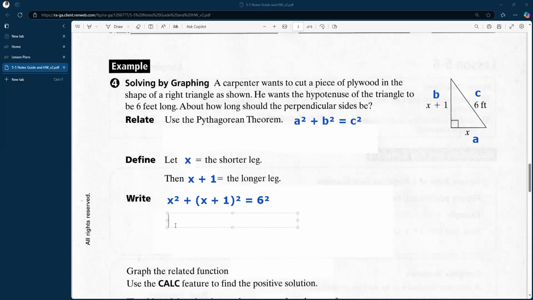Recall, when we have binomials that are being multiplied, we can't just square the terms that are inside. We must square the entire binomial. And in order to do that, we use FOIL. So when I am writing out my binomial, I have x plus 1 times x plus 1.